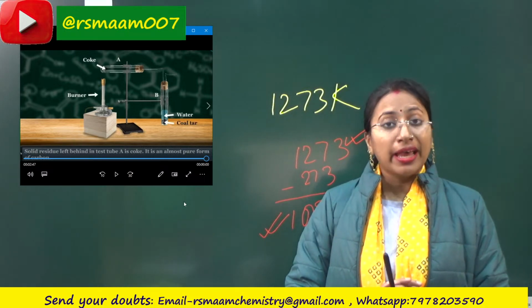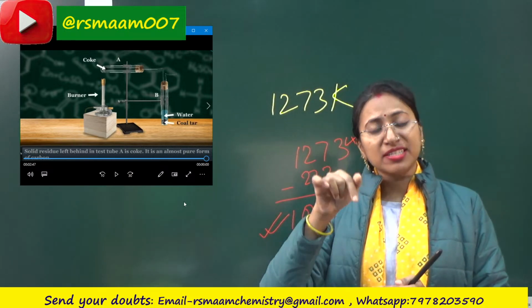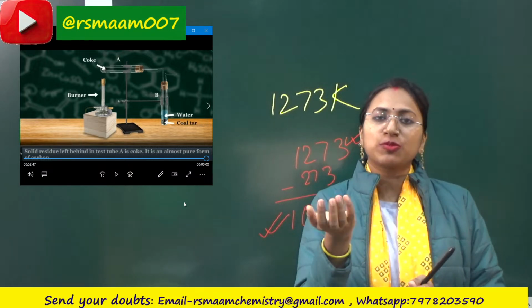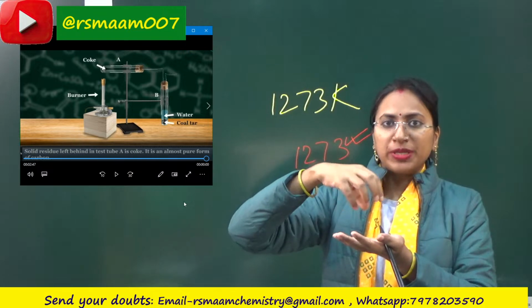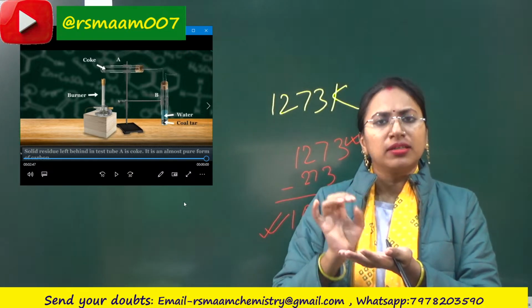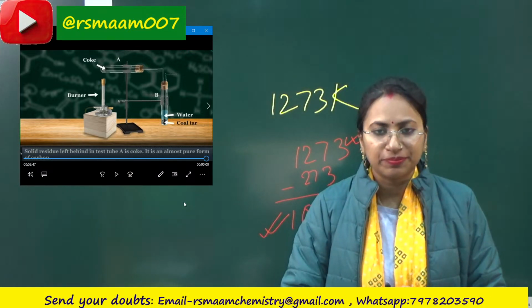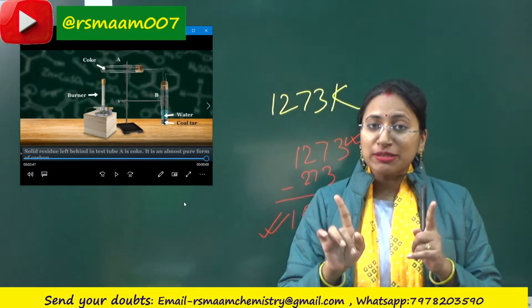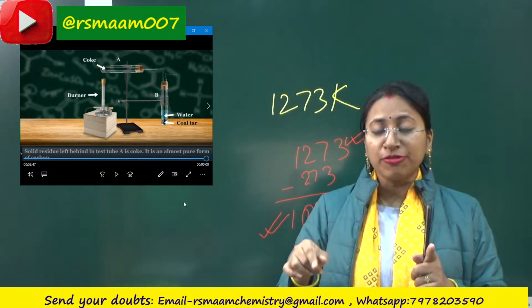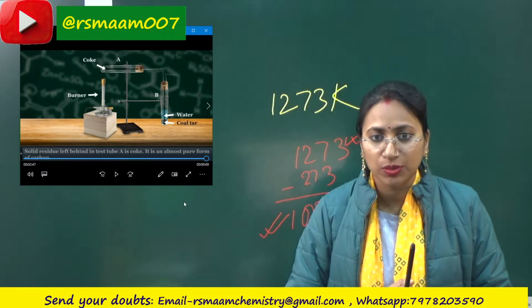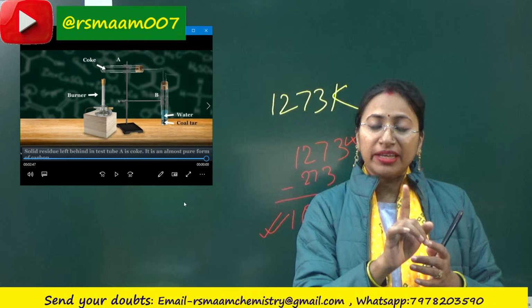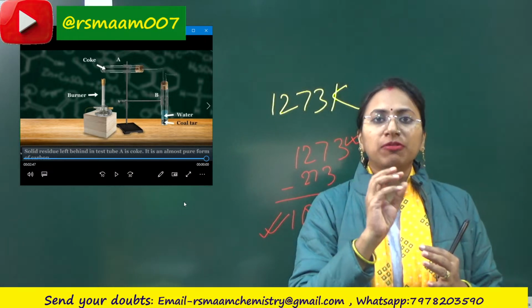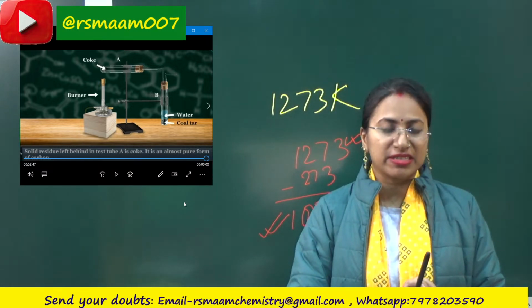Some residue in test tube B will also settle down, which is also dark in color. It is called coal tar. So these are the main byproducts of destructive distillation of coal. And in test tube A, where we had taken coal, after this experiment we will find coke, the solid residue.